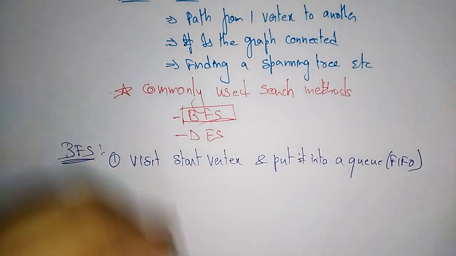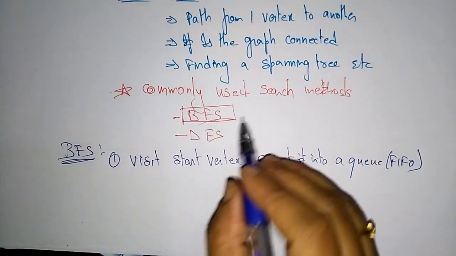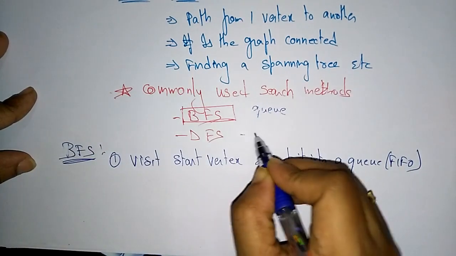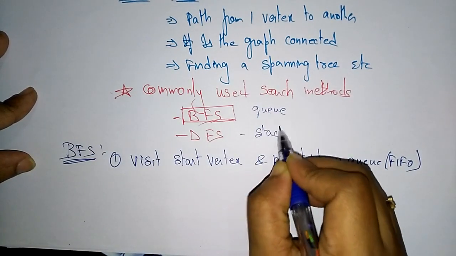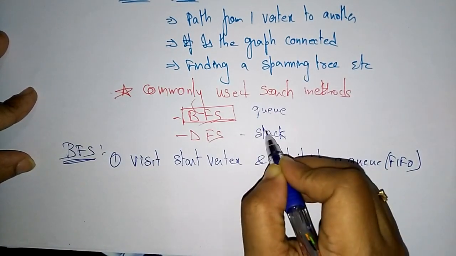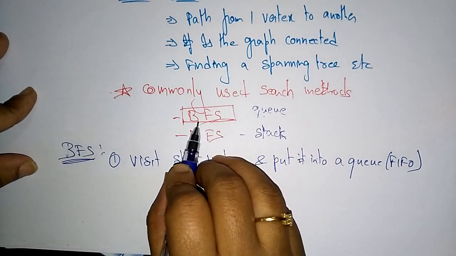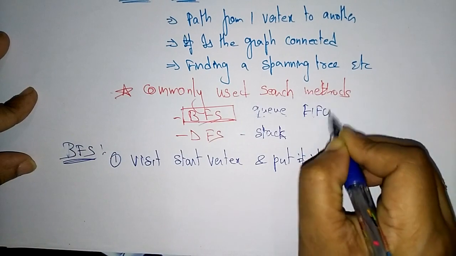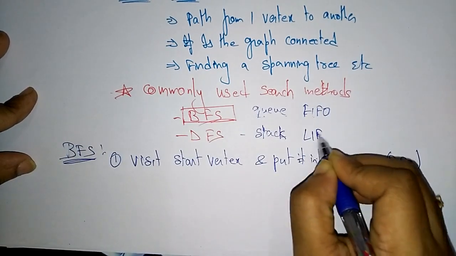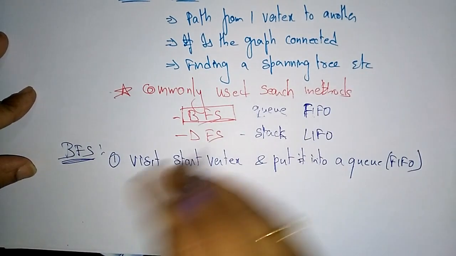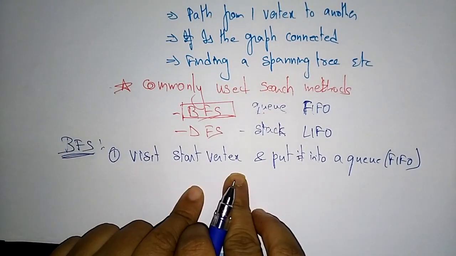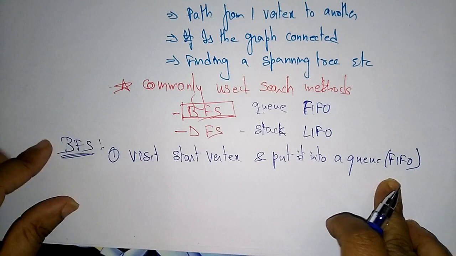The main difference is that breadth first search always uses a queue, whereas depth first search uses stack operations, LIFO. Here we are discussing BFS, so first visit the start vertex and put it into a queue.